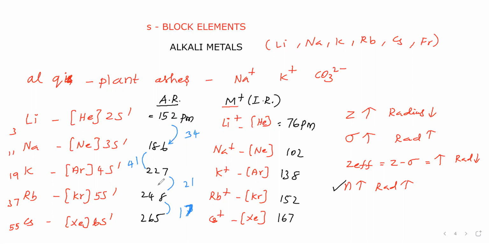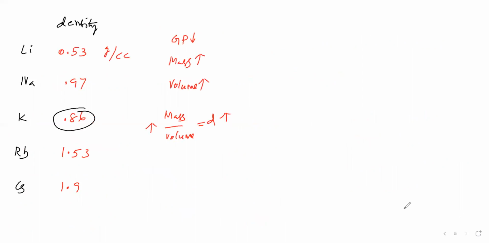Where is the difference large? Sodium to potassium. Therefore, sodium to potassium, what is the dominant factor? Increase in volume is the dominant factor, therefore density decreases.